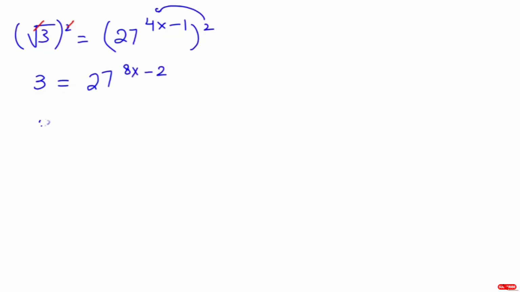Here 3 equals, 27 is 3 to the power of 3, and whole to the power of 8x minus 2. Now next I'm going to multiply this power with this outer power. So this equation turns to 3 equals 3 to the power of 3 times 8, which gives us 24x minus 3 times 2, which gives us 6.